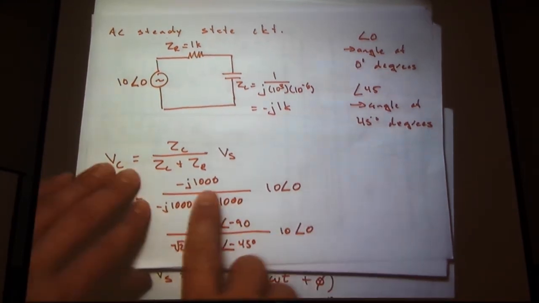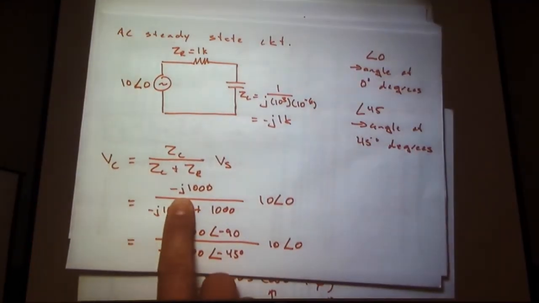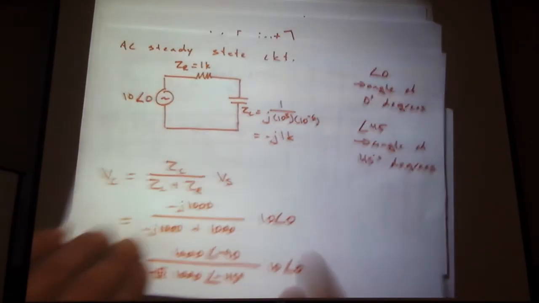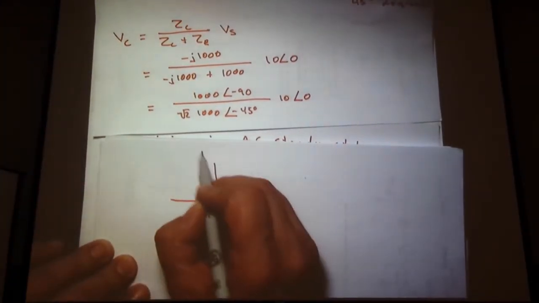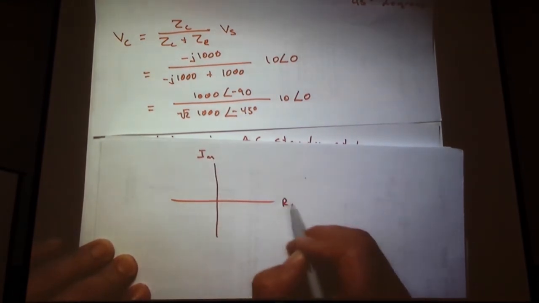So the thing to do here is to go and look at the real imaginary plot. Where is minus j 1,000 on the real imaginary plot? So if I look at that number, there's imaginary, there's real.